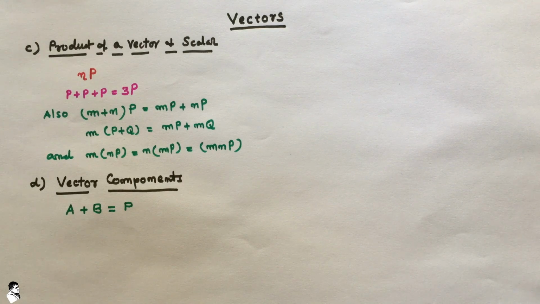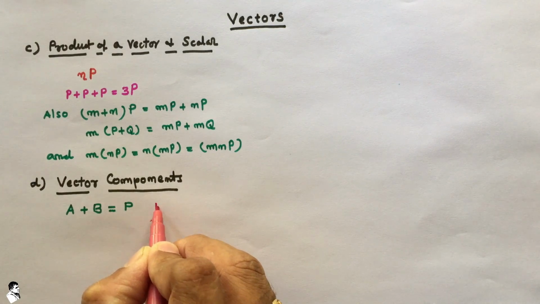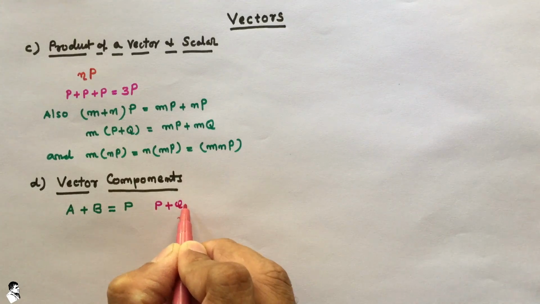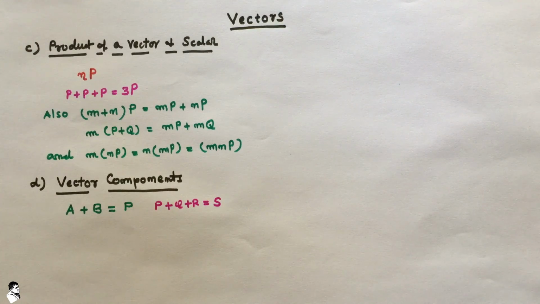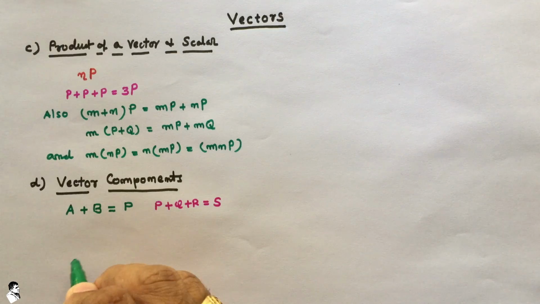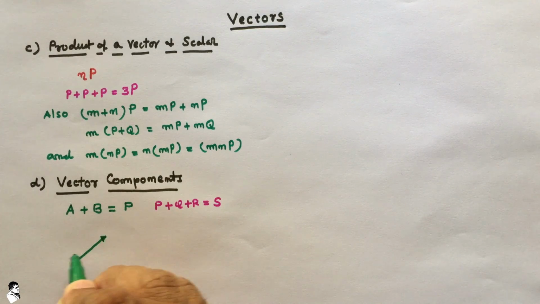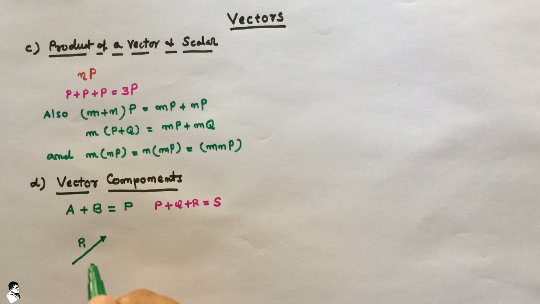Now if we take different vectors P, Q and R, maybe more than two vectors, that will also form different vector components. So P plus Q plus R will also be components of vector S. Now here we take a graphical form. Let us take a first vector, that is P1.